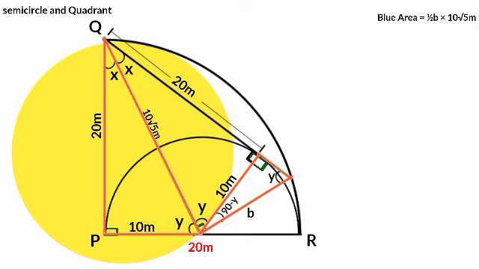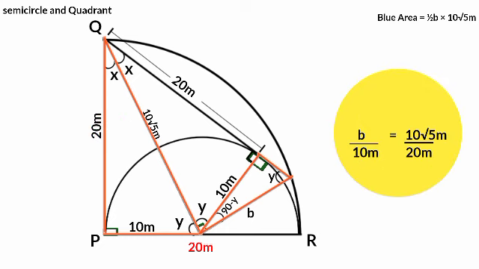That is, they are similar. So if we take the ratio of their sides, this side facing the right angle divided by this side facing angle y must be equal to this side facing the right angle divided by this side facing angle y. So b over 10 meters equal to 10 root 5 meters over 20 meters.